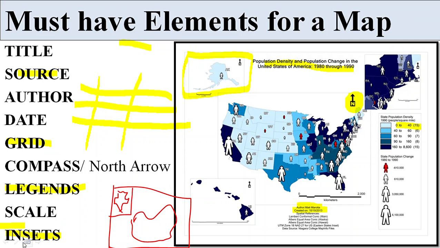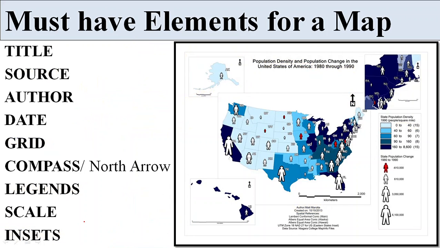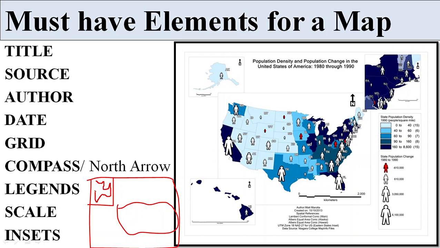Sorry for the bad drawing, let me erase everything and create it again. Here we have a map of the city of Delhi, maybe like this. I don't know the map. On the inset you will have India, like this. Then the location of Delhi will be shown here.